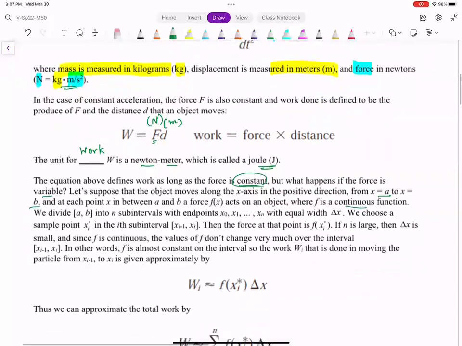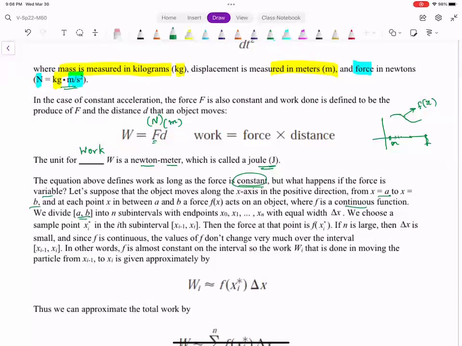Then what we do is we divide the interval ab. So you have the force function like this, and let's say it is from a to b, the force function changes its value at every point between a and b, but f of x is continuous here. The values of f don't change very much over one particular interval.